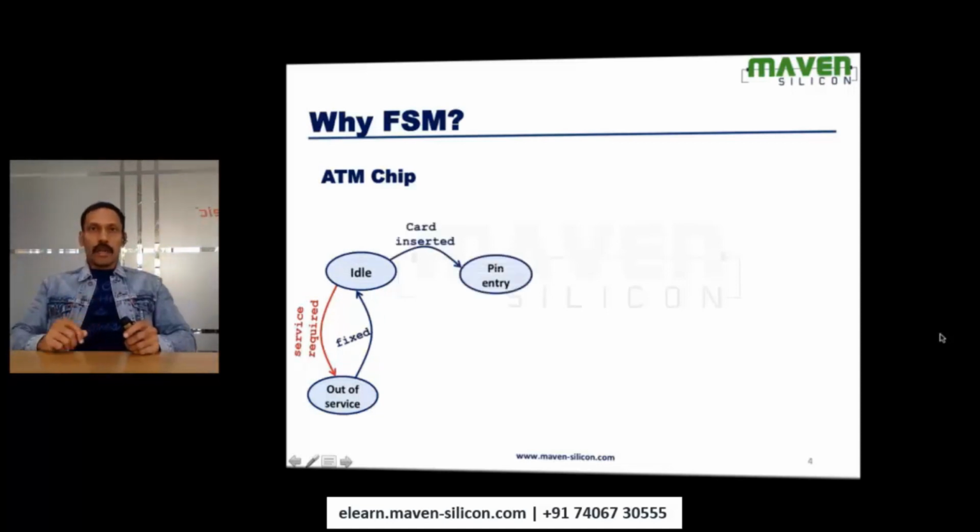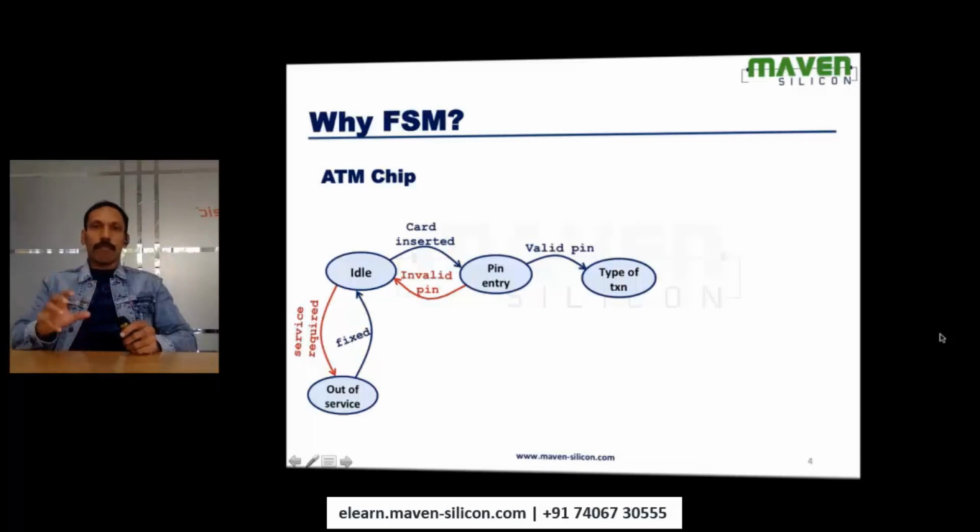You inserted your card, the machine is working fine. It gets into the PIN entry state. You pressed the wrong PIN, so automatically it goes back to the idle state. If you press a valid PIN, it gets into the next state.